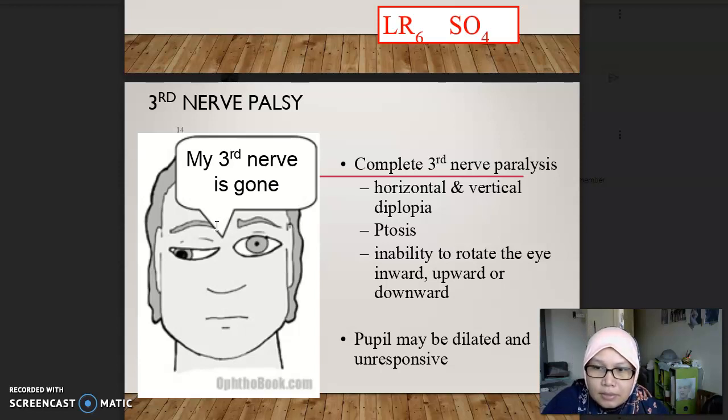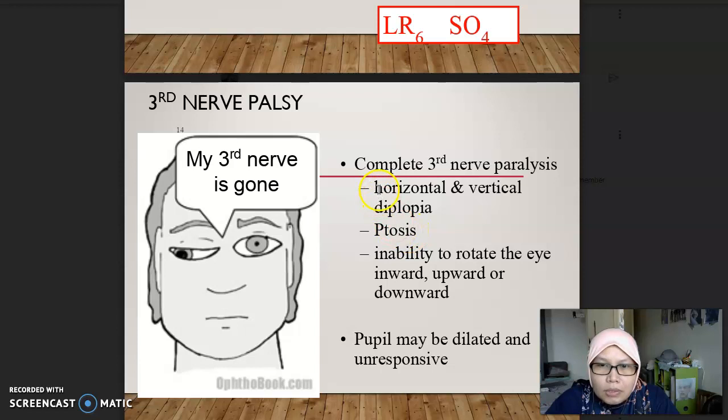Okay, you understand here? I hope you understand, because if the third nerve wins, the seventh nerve will lose. If the third nerve loses, the seventh nerve will win. It's like that. Okay, so in a complete third nerve palsy, there will be ptosis. The eye will be closed.